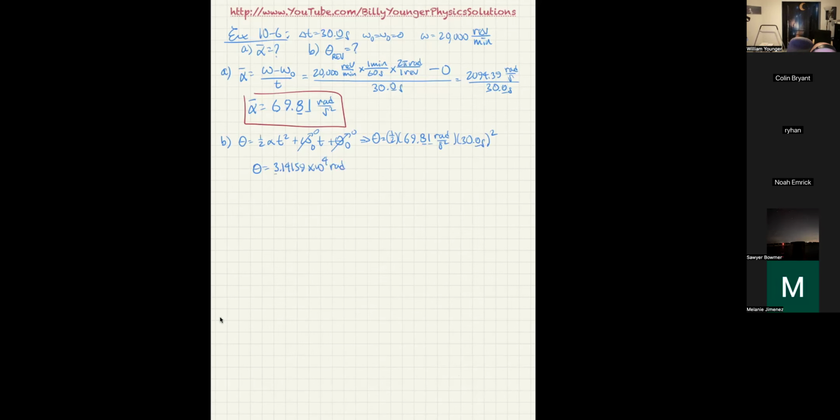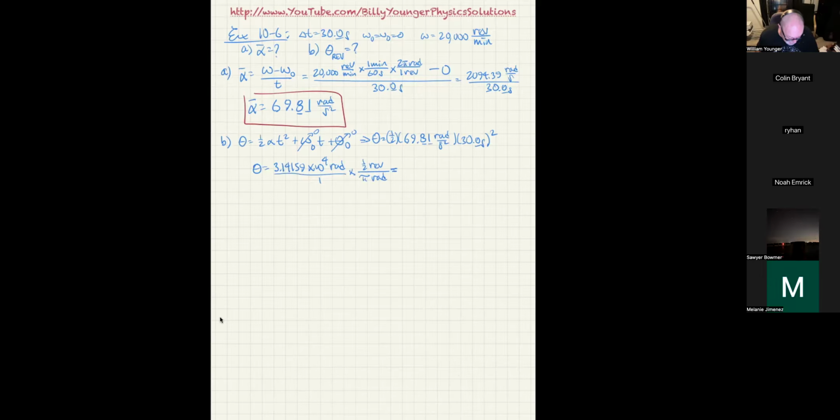Now I can put this over 1 so I can prepare for a unit conversion. And what I'm going to do is say pi radians is equal to 1 half revolution. Sorry about that, that's because I chose pi instead of 2 pi, but it's okay. The reason why is I see that this is pi times 10 to the fourth in the numerator.